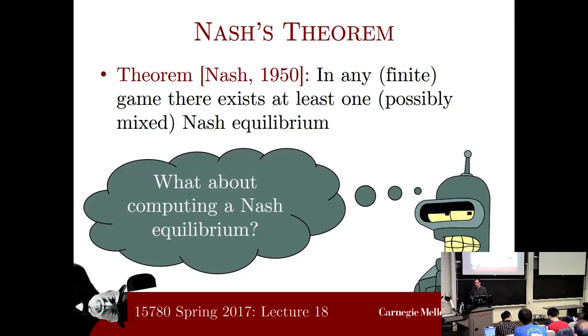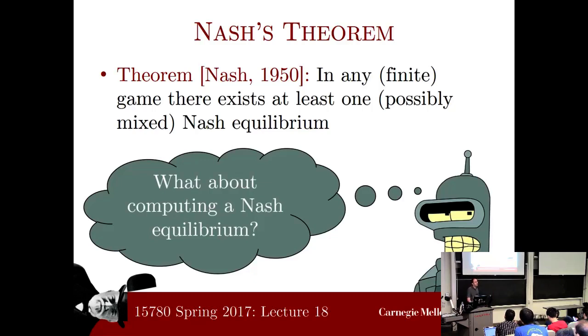There is a classic algorithm for computing Nash equilibrium due to Lemke and Howson. And it's actually very reminiscent of the simplex algorithm. And it works reasonably well in practice. And for a long time, it wasn't known whether this algorithm actually runs in polynomial time or not. I think this question was settled around 2003 or 4.